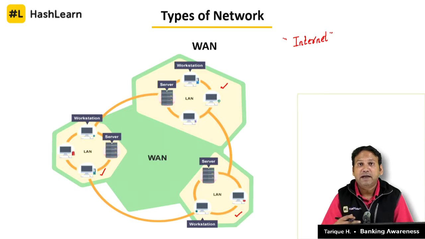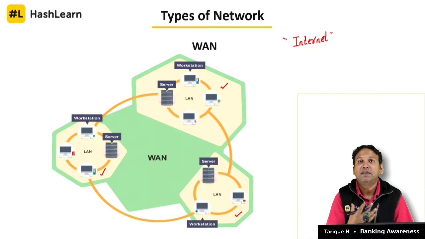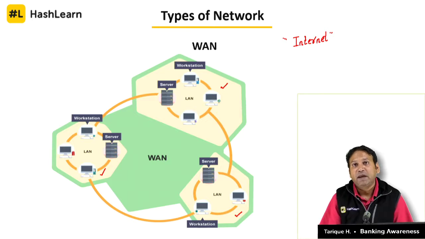Now to know that the seat that they are booking for you is not already booked by someone, they must have information sharing, that they know that this seat is still empty, this is unreserved, and it can be reserved for you. So all these railway stations across India are connected to each other, right? So that's also an example of a wide area network.